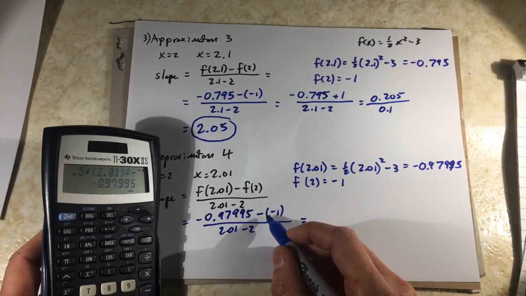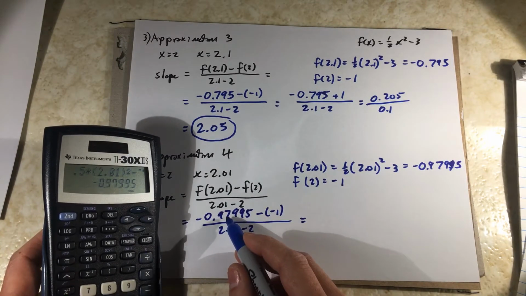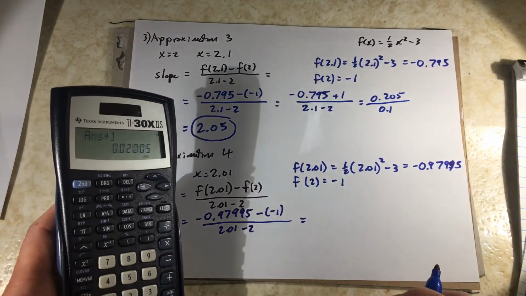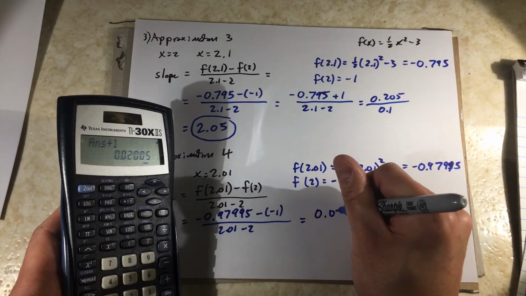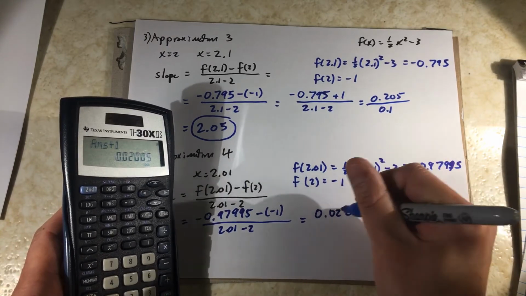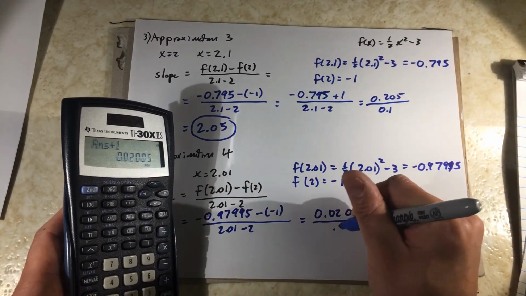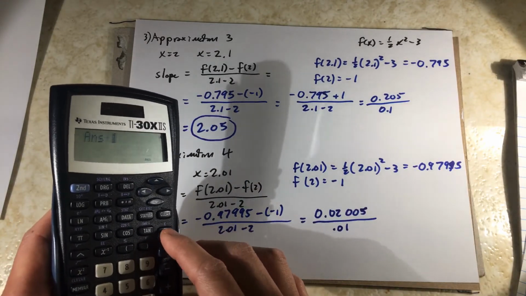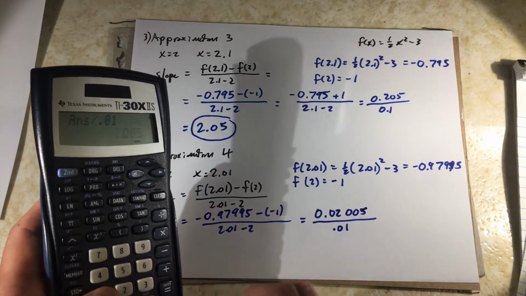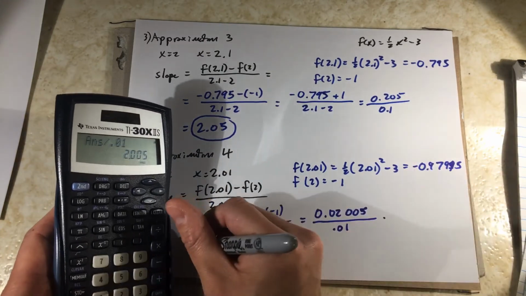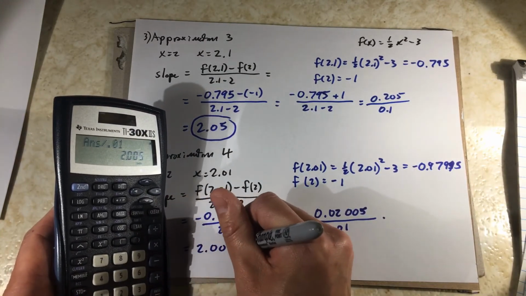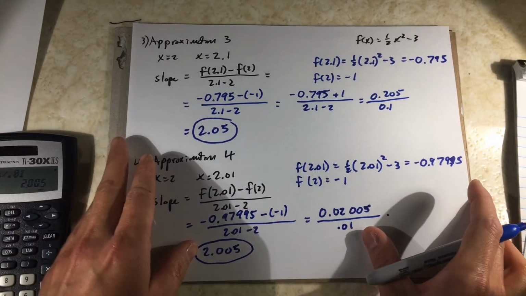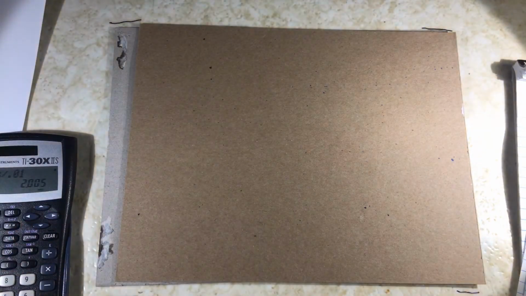So this is going to be plus 1 again. So this plus 1 is 0.02005 divided by 0.01. When you divide by 0.01, that's the same as multiplying by 100. And this is 2.005. So maybe you could see where these values are getting closer to, but I'm going to try to summarize it for you.